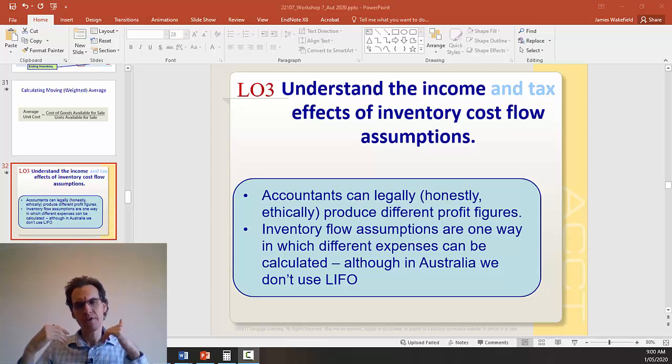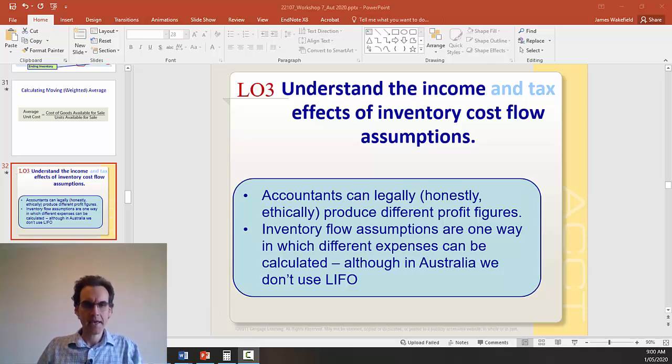And if we follow generally accepted accounting principles, one aspect of those is what's called the matching principle. And so for a supermarket, using first in, first out is the best method when following the matching principle, because we're matching our revenues with the actual cost associated with the inventory we're selling, because we assume first in is the first out.